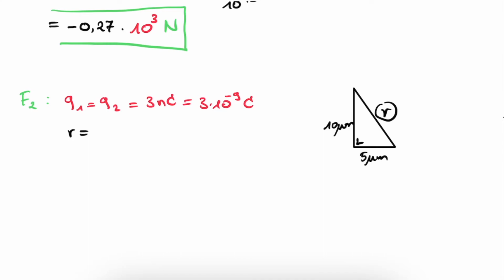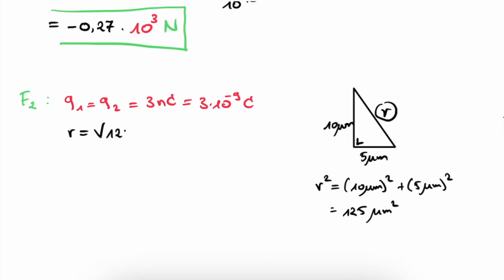the Pythagorean theorem. Because we know that r squared is equal to 10 micrometers squared plus 5 micrometers squared, which turns out to be 125 micrometers squared. And thus we know that r is the square root of 125 micrometers.